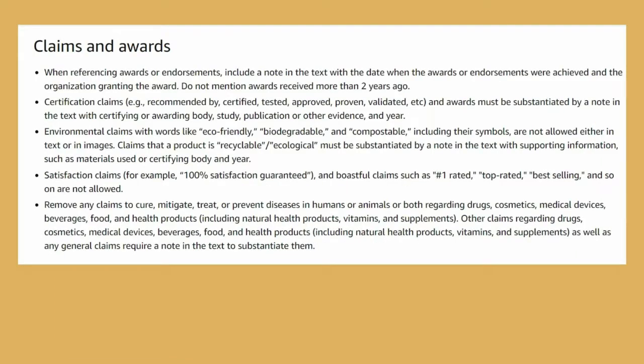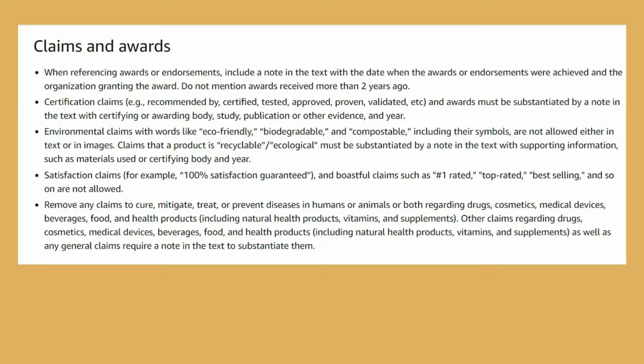Now, do not use these types of claims and awards when you are creating your A plus content, like certification claims such as recommended, certified, tested, approved, or environmental claims with your eco-friendly products like eco-friendly, biodegradable, compostable, recyclable.